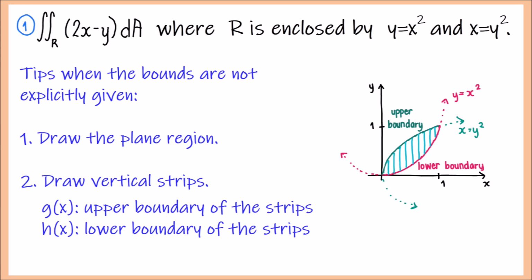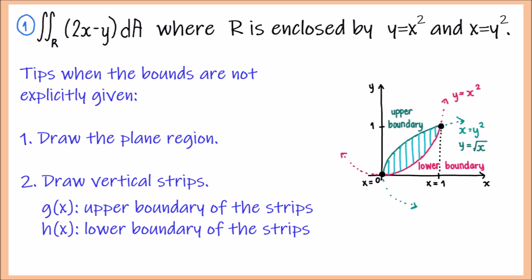But since we are in quadrant 1, y is always positive, so we get y is equal to positive square root of x. On the other hand, for the boundaries of x, just look at the intersection points of the two curves. We get x is equal to 0 and x is equal to 1.